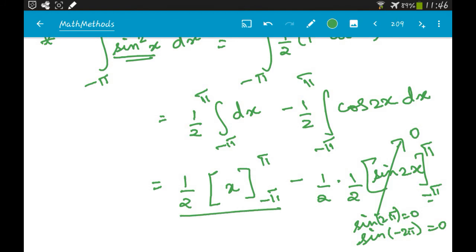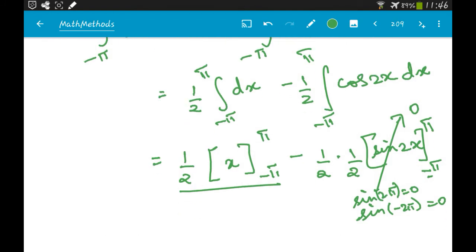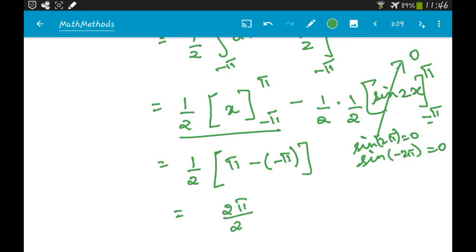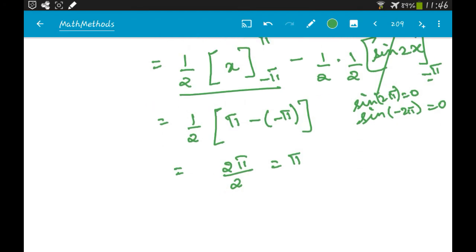So all you are left with is this term, which is half into pi minus of minus pi, which is 2 pi by 2, which is pi. This is not the average, this is just the integration from minus pi to pi of sine square x dx, which is nothing but pi.